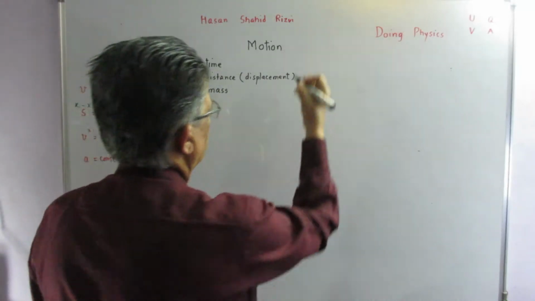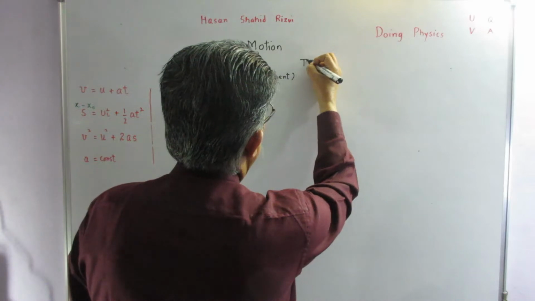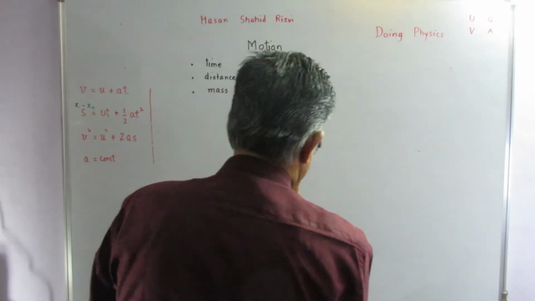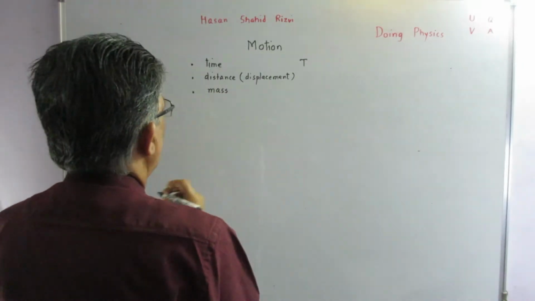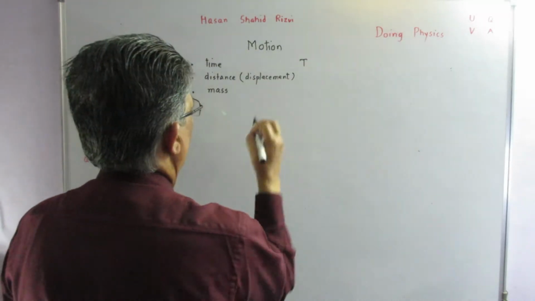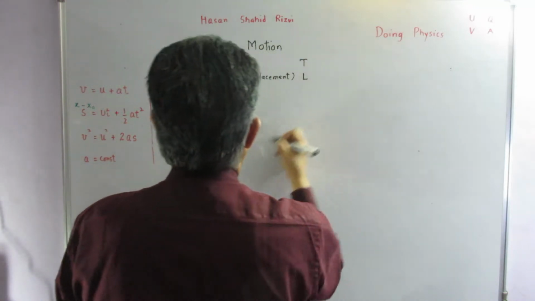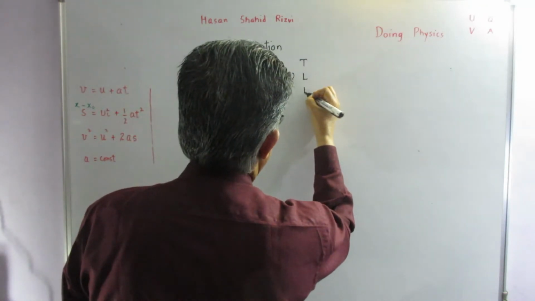So I write T, and this is the length, and this is the mass.